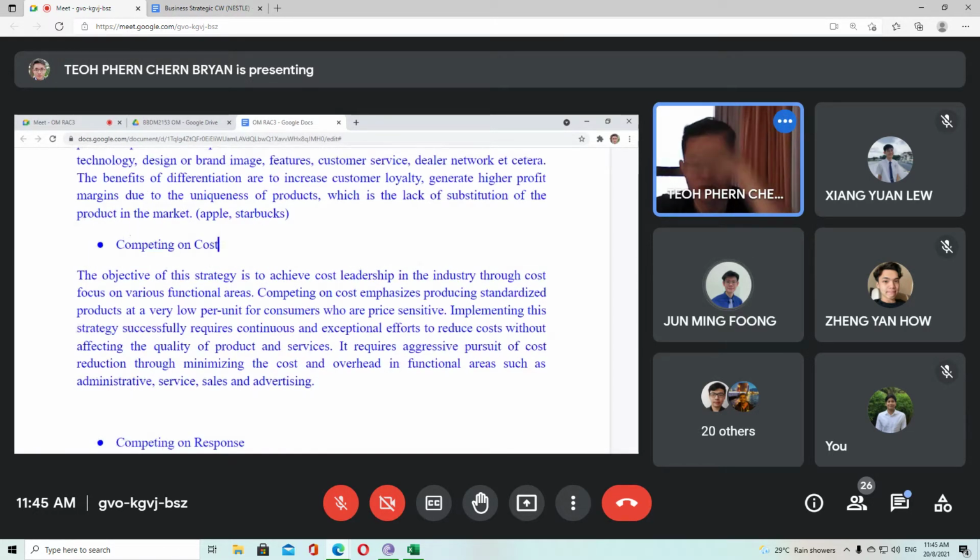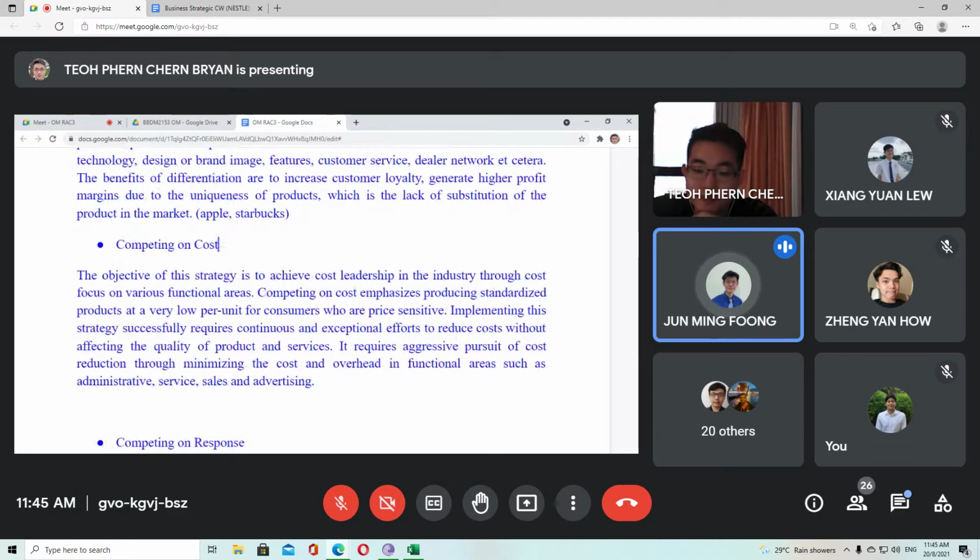Okay, moving on. So the next one is competing on cost. The objective of this strategy is to achieve cost leadership in the industry through cost focus on various functional areas. Competing on cost emphasizes producing standardized products at a very low cost per unit for customers who are price sensitive.